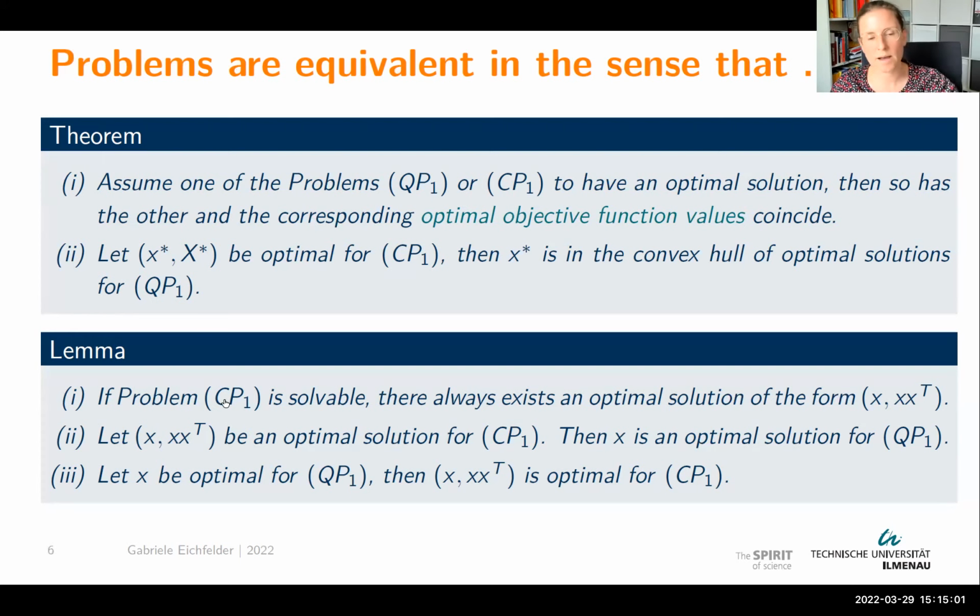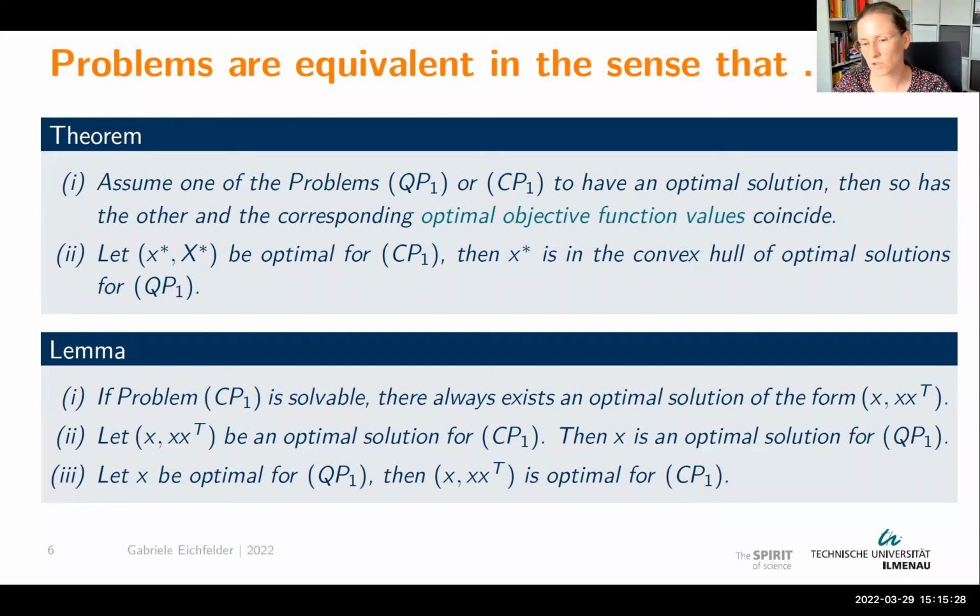So you derive from the solutions of your relaxed problem the optimal solutions of your original quadratic problem. The optimal values are the same, and it's also working the other way around. When you have an optimal solution of your original quadratic problem, then you can immediately build an optimal solution of the relaxed problem. And these are the very strong relations between these two problems.